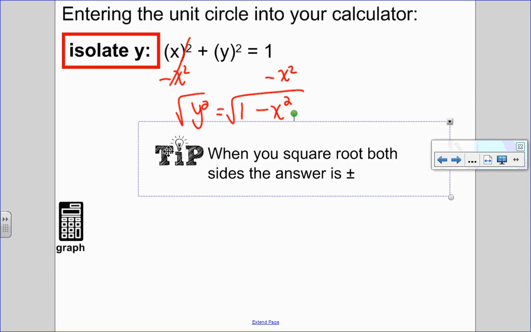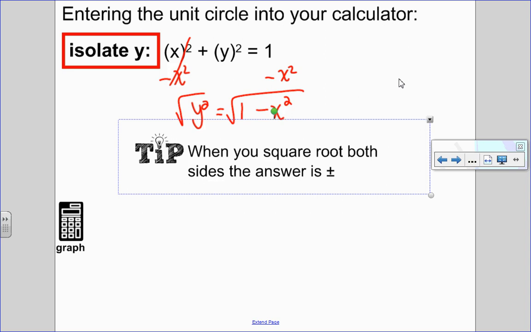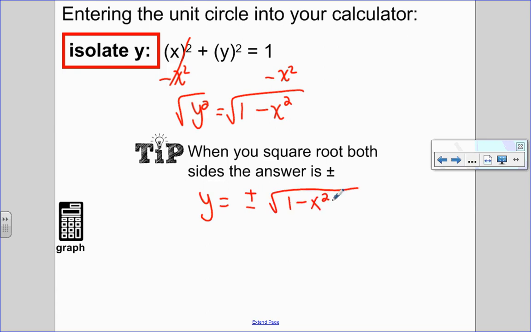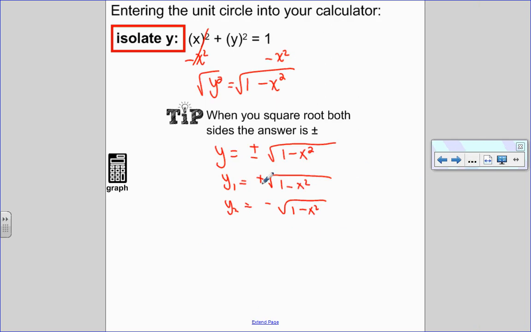Remember, when you take the square root, you have to have a positive and a negative answer. So y = plus or minus the square root of (1 - x^2). The plus or minus just tells me that there are two equations. So in y1, I can enter the positive root, and in y2, I can enter the negative root. I can put that all into my calculator and get a graph of the unit circle.